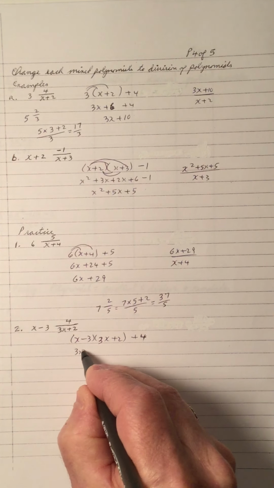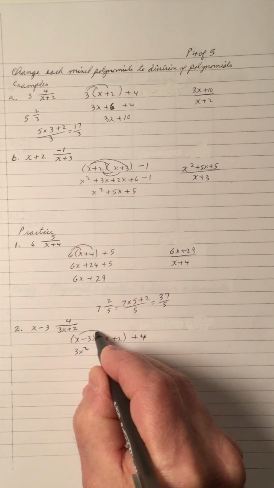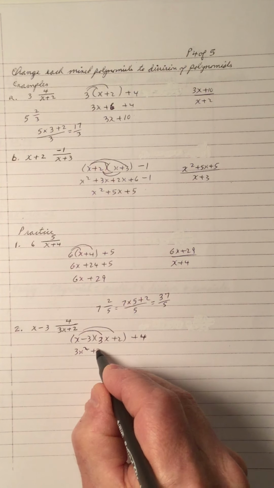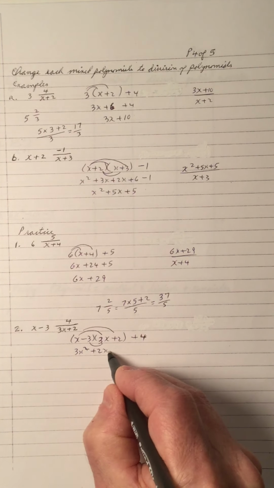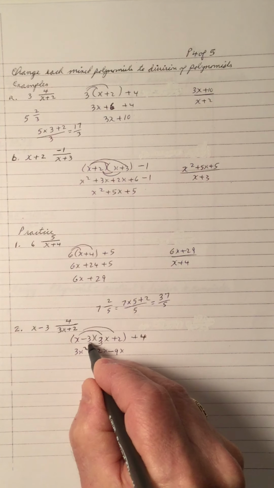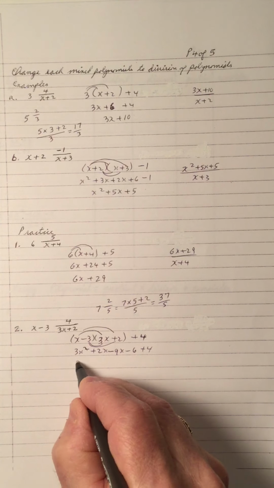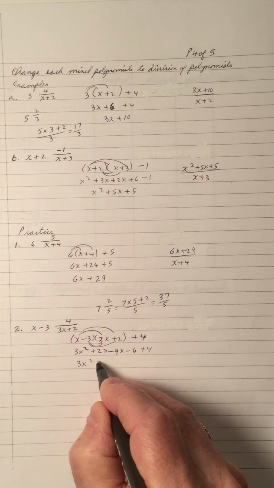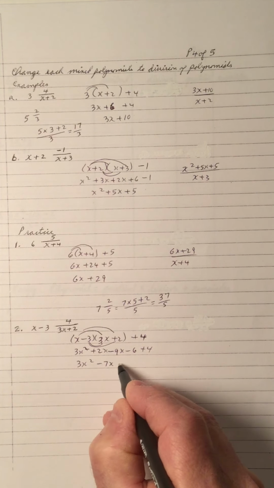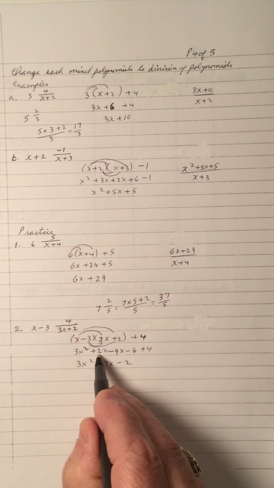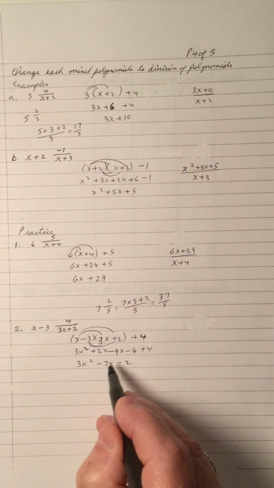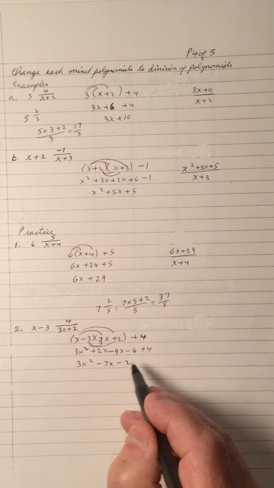Multiply 3x squared first, outside, inside, negative 9x, last is negative 6, plus the 4. Add up like terms, and that gives me negative 7x minus 2. 2 and a negative 9 is negative 7, negative 6 and 4 is negative 2.